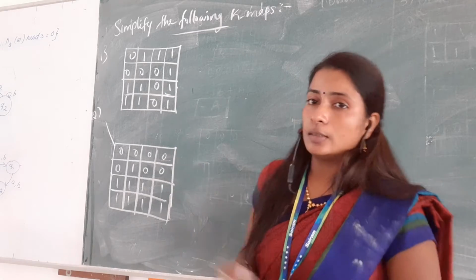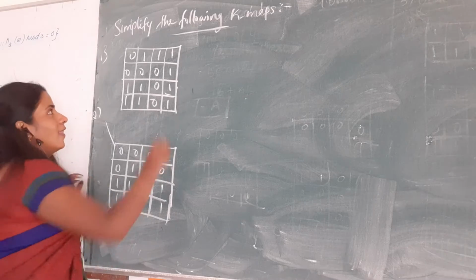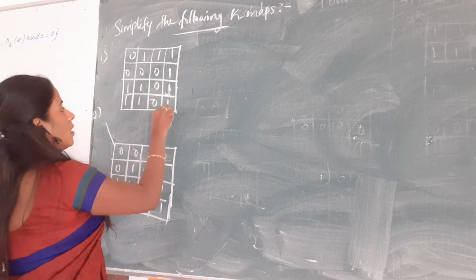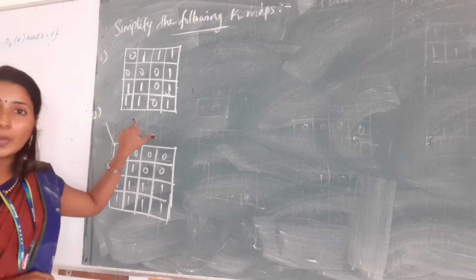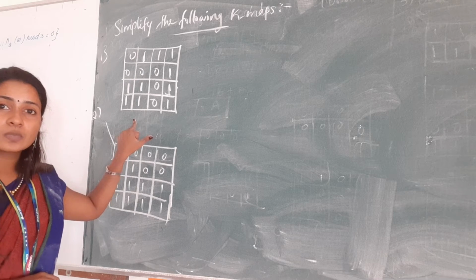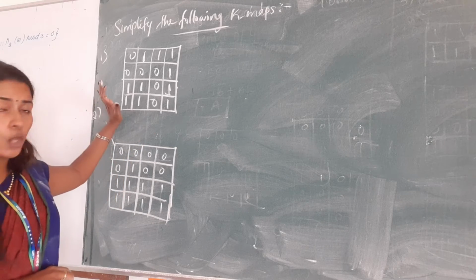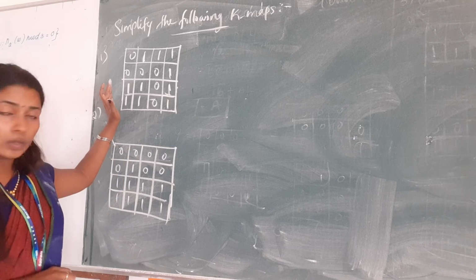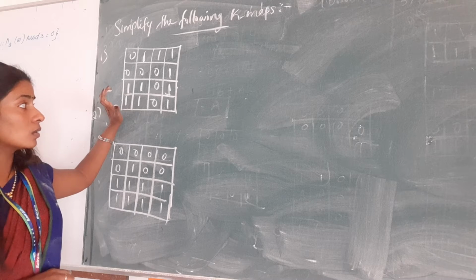Okay, so now see the K-map and tell me. Is a quad possible here? First we have to check octet. Is there any octet? No octet available. But I can see quads.